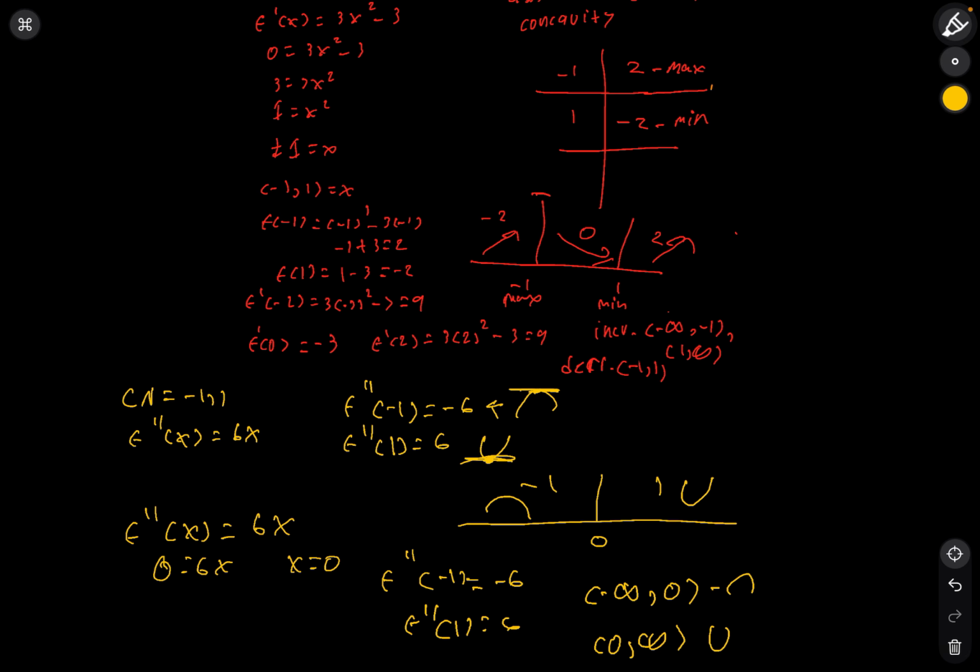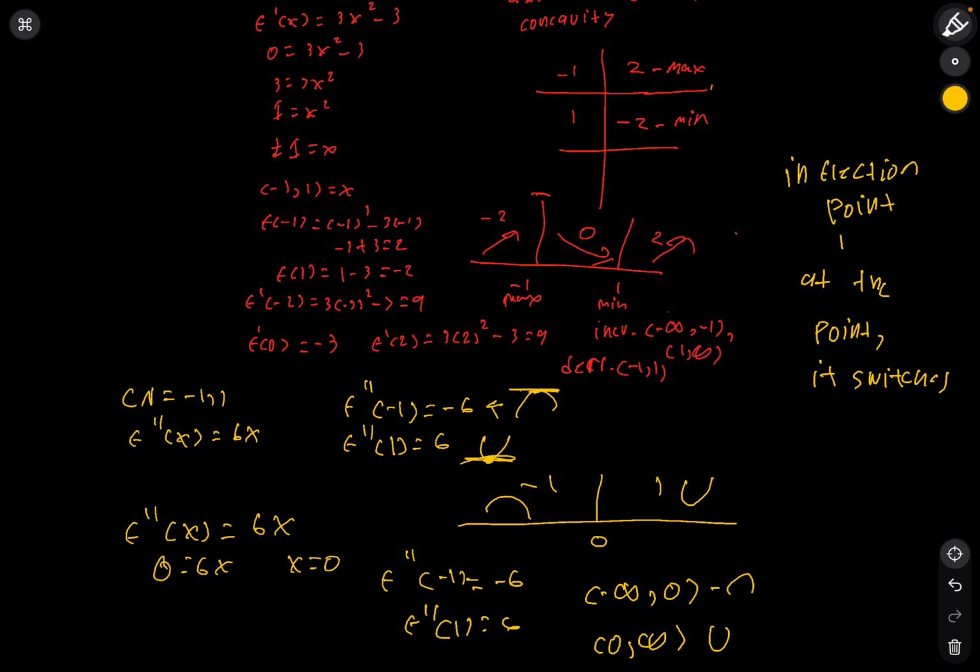When a value switches concavity, I think I should have said that, it's called an inflection point. Let me just write this here. An inflection point is when, at the point, it switches concavity. So our only inflection point would be 0, but you have to be careful because you might get some more critical numbers in terms of f'', and they may not be inflection points.